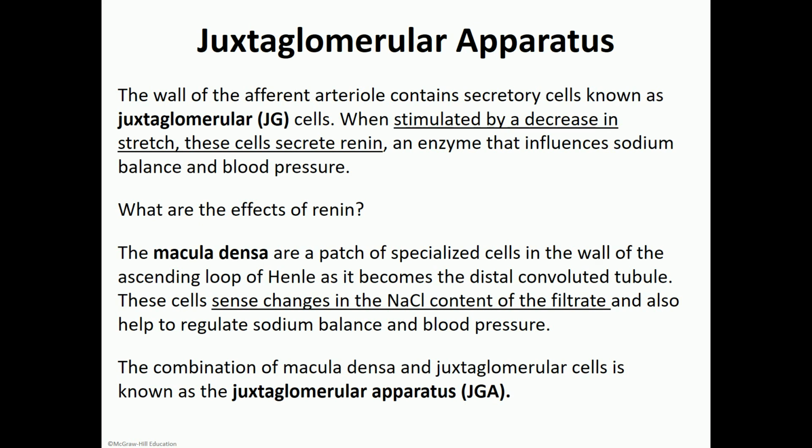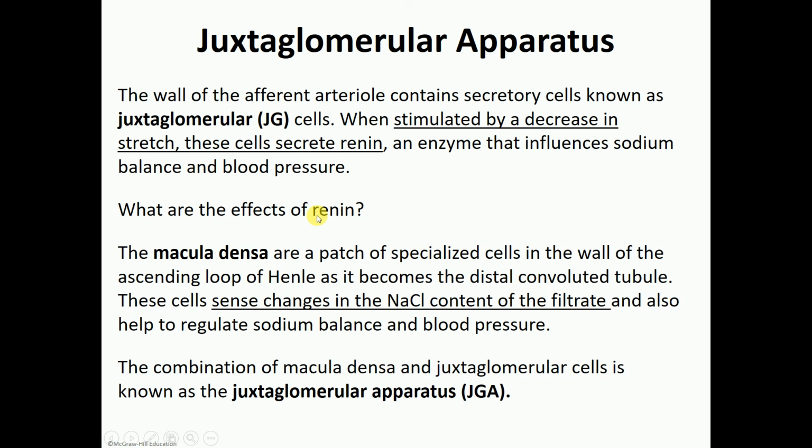These juxtaglomerular cells are found in the afferent arteriole. If blood pressure goes down, these baroreceptors are going to detect that decrease in blood pressure. Now these juxtaglomerular cells are going to start secreting renin. Renin is an enzyme that has an effect on our blood pressure and sodium balance. So you might want to go to the endocrine system to remember what the effects of renin were.